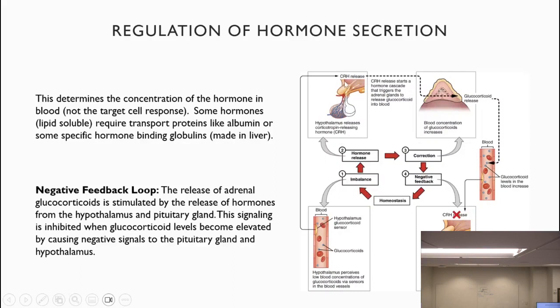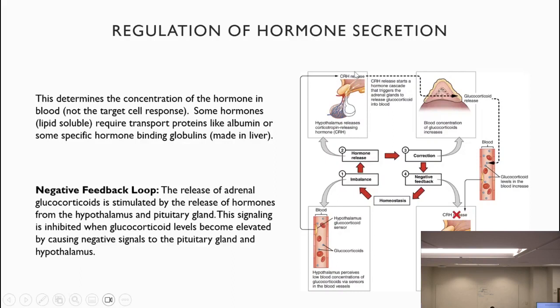When we need to release glucocorticoids, for example, if we are under stress, if the blood sugar levels are low, if we are having any type of infection, trauma, inflammation, or any psychological stress as well, we are going to produce CRH, corticotropin-releasing hormone.